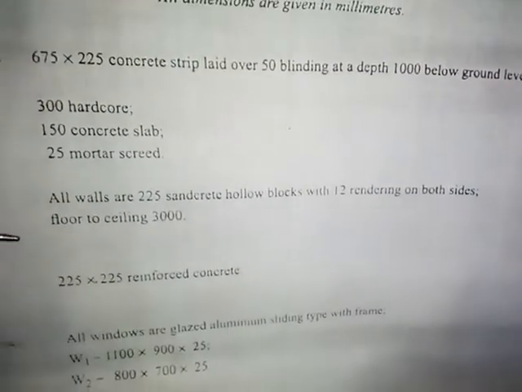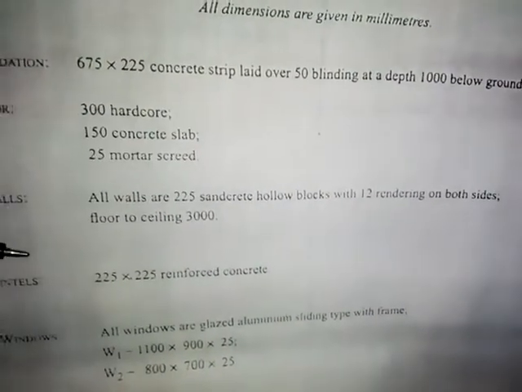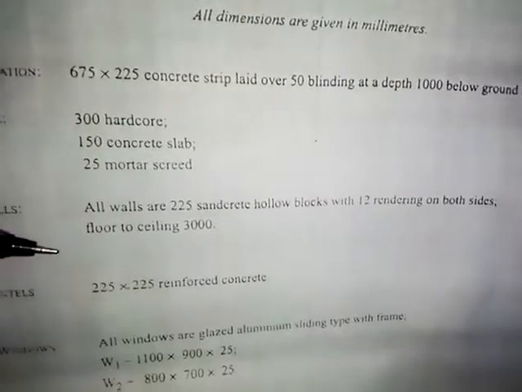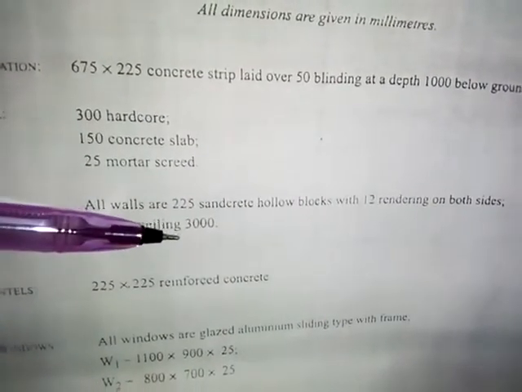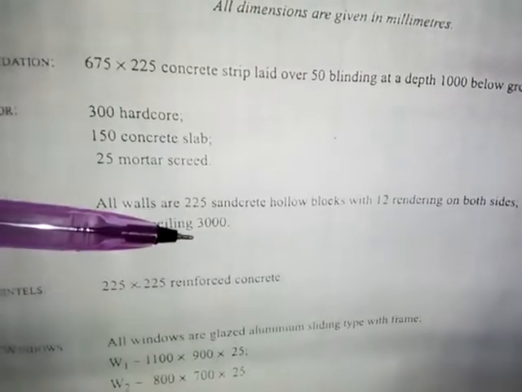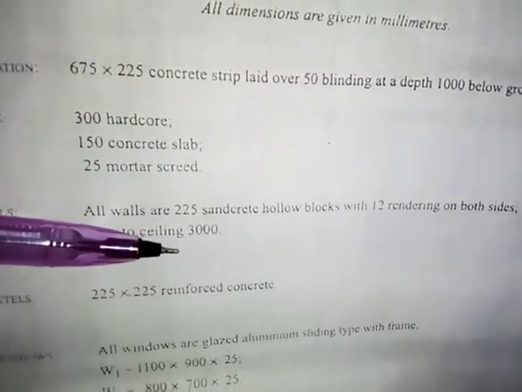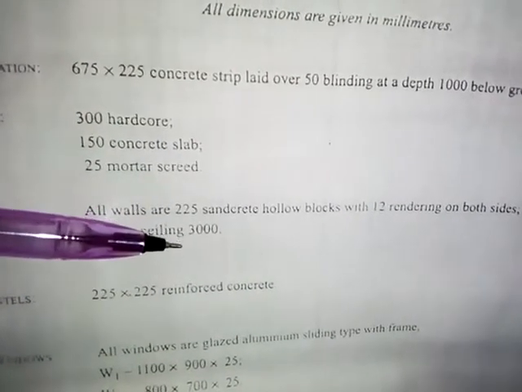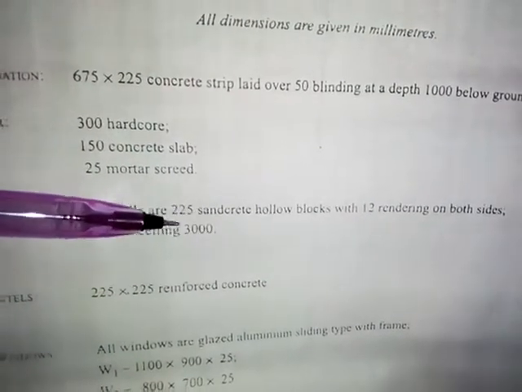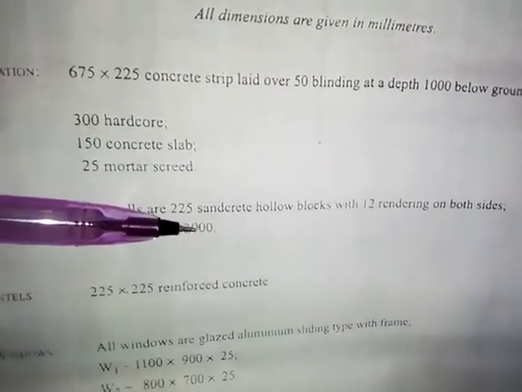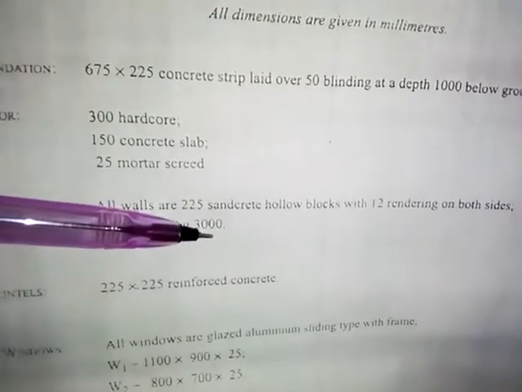So as I said when I was constructing the plan, we are going to make use of this 3000, which is floor to ceiling height. We are going to make use of it on the front elevation and also on the sectional view. So this 3000, we are going to divide it by 100, and that will give us 30.